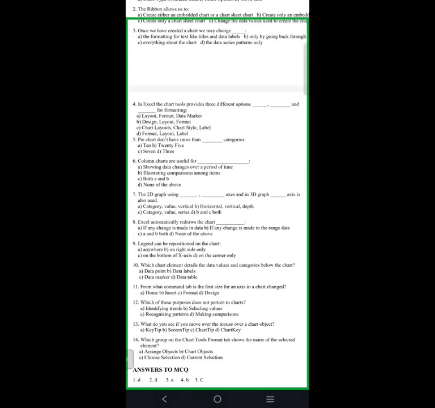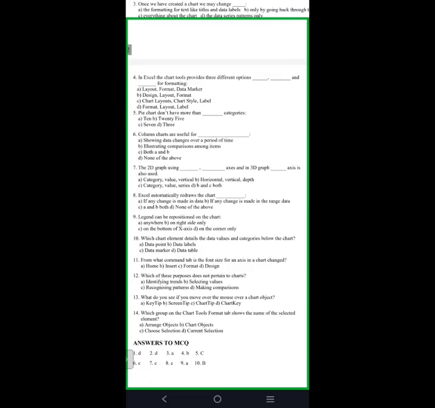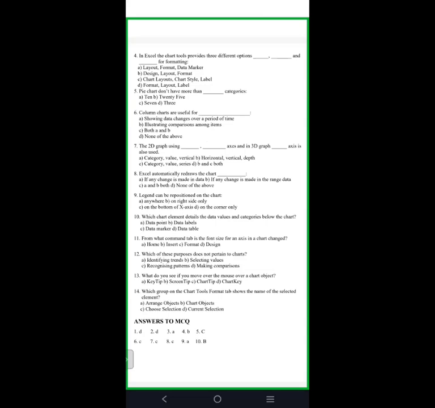Once we have created a chart, we may change the formatting for text like titles and data labels. In Excel, the chart tools provide 3 different options, dash, dash and dash, for formatting. Design, layout, and format.